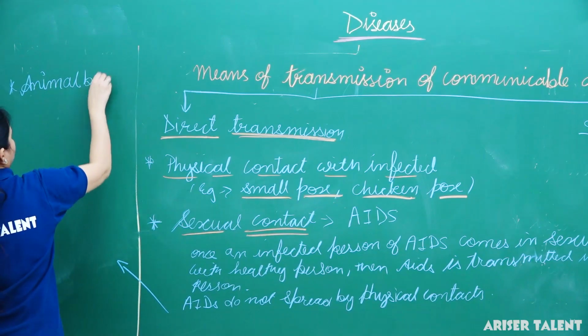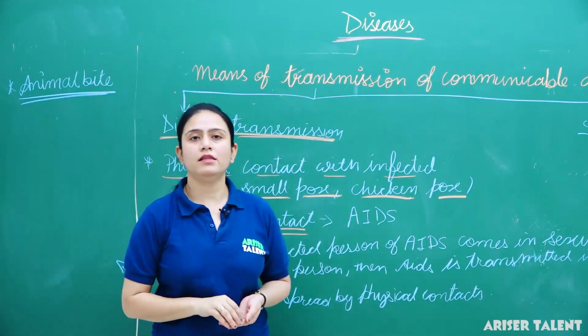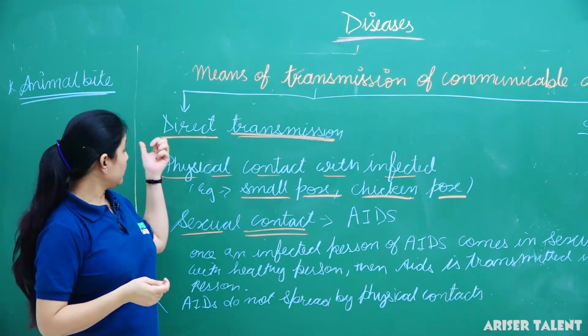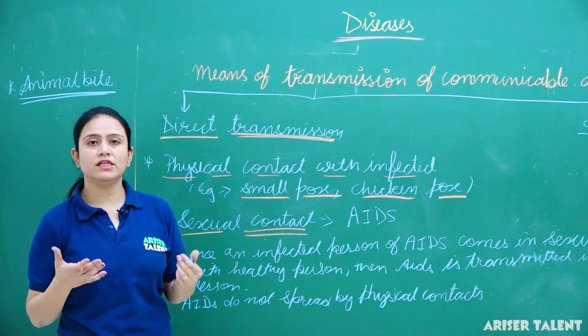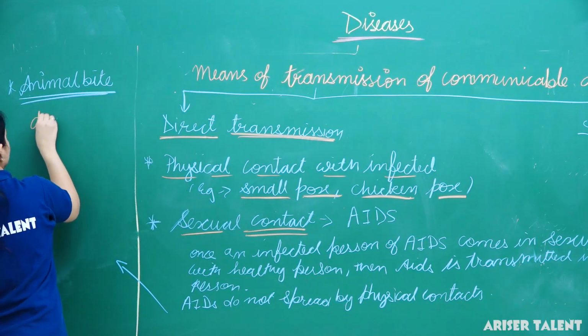Animal bite. When an animal bites a healthy person, the person gets infected because some animals have germs in their saliva, like a dog bite.